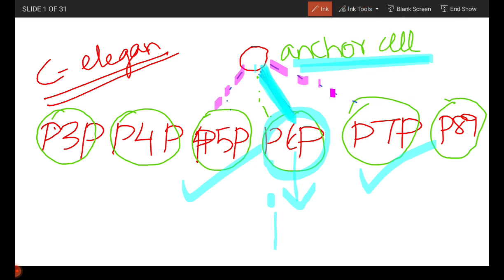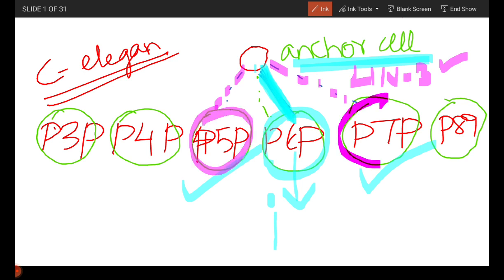This is LIN-3, the signal released by the anchor cell. P5.p and P7.p will attain secondary fate, whereas P6.p will attain primary fate, because the majority of the morphogen released by this anchor cell will reach P6.p.